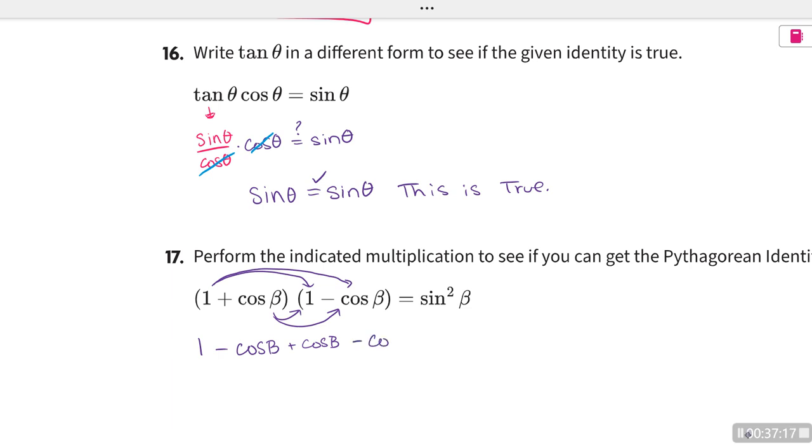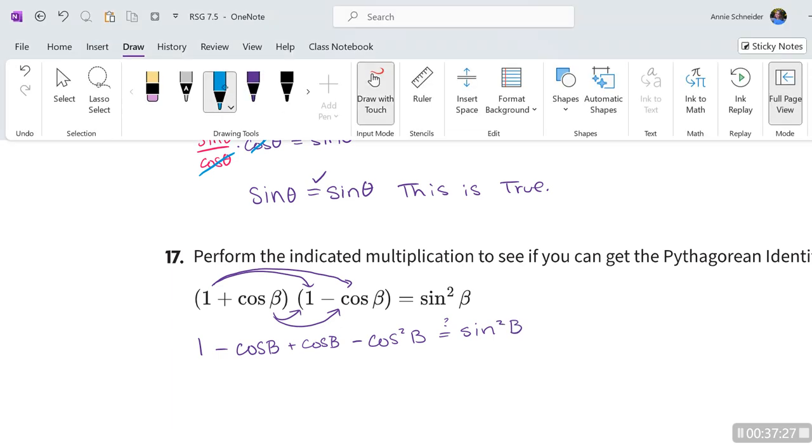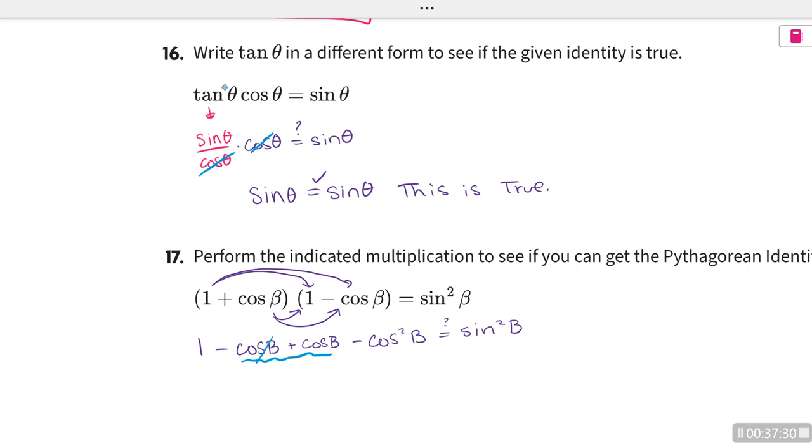Negative times positive, we're going to get negative cosine squared beta. And does this equal sine squared of beta? So our difference of squares causes these two terms to add to 0. So we're left with 1 minus cosine squared beta equals sine squared beta.